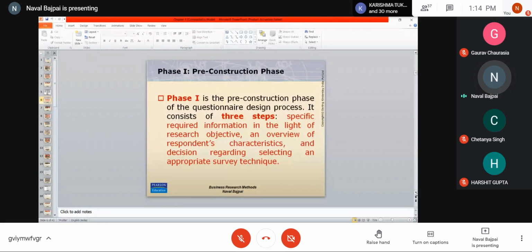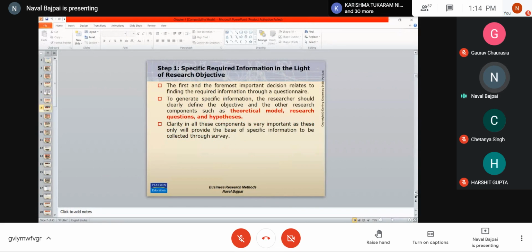This pre-construction phase has the first thing, which is step number 1 of creating the questionnaire. Step number 1 would always be my research objective. So even assignment number 1 is based on this. Before preparing the questionnaire, I'll have to prepare my theoretical model.